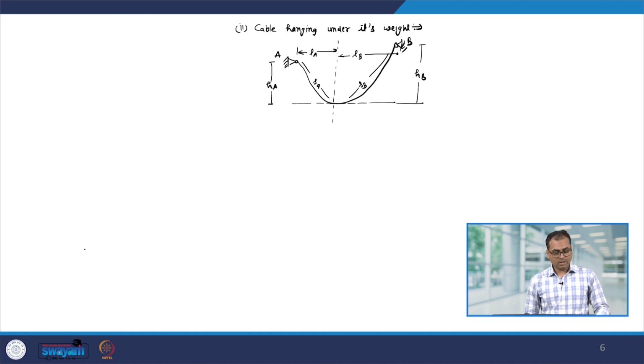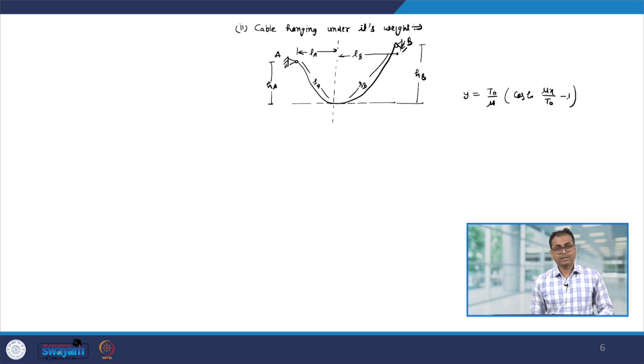So, the equation of the cable in this case comes out to be y equal to T naught over mu cos hyperbolic mu x over T naught minus 1, and this is the equation of catenary. Okay.